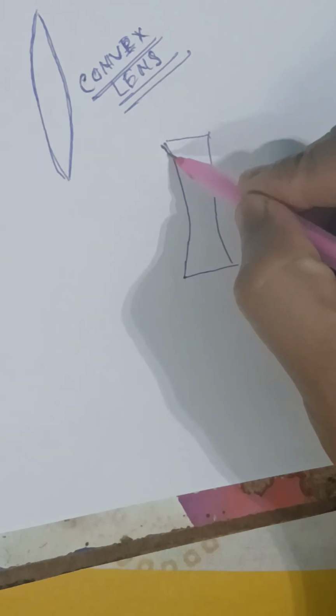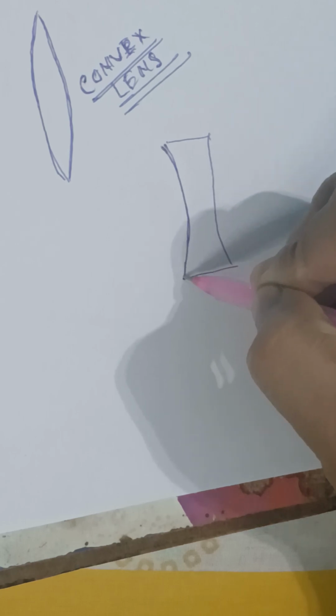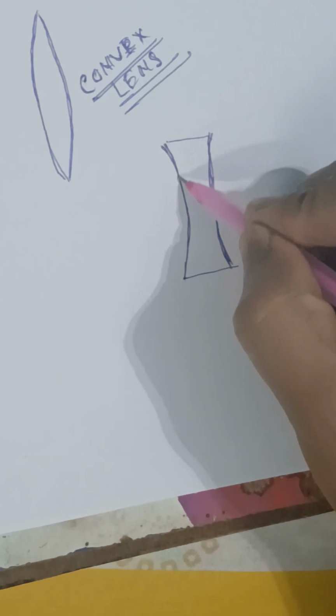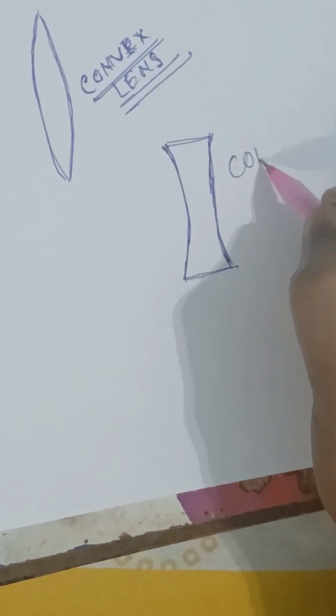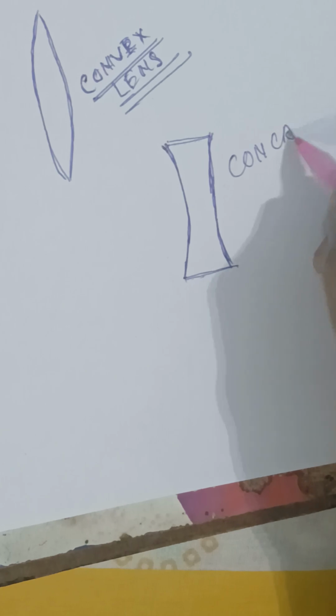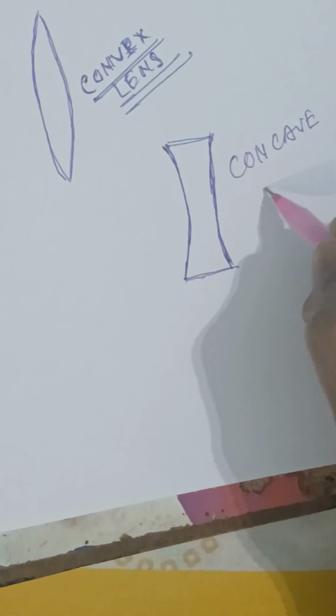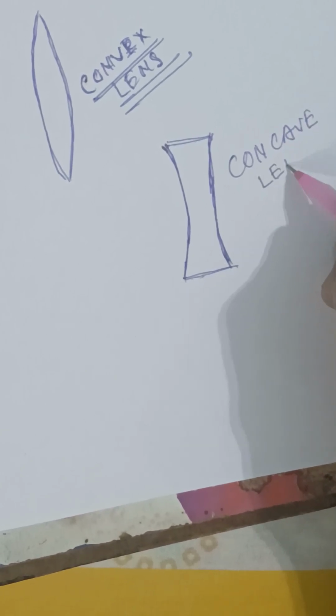Both sides you can see are cave-like. So remember, this is concave lens.